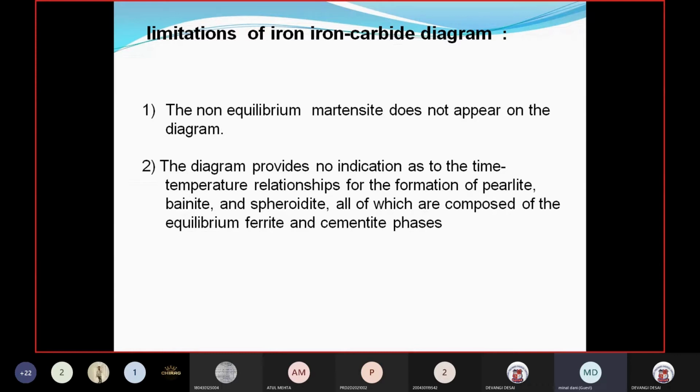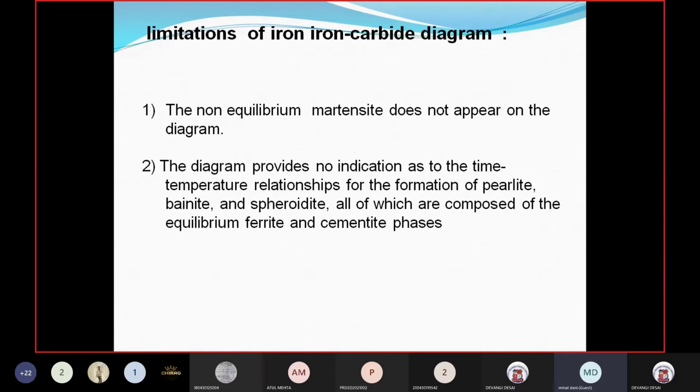That we are not getting. And this diagram will not provide any indication as to the time temperature relationship for the formation of pearlite, bainite, spheroidite, all of which are composed of the equilibrium ferrite and cementite phases.